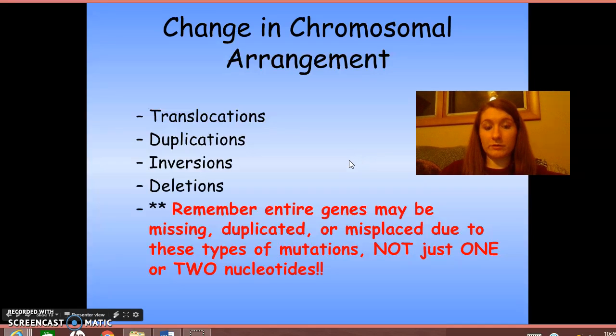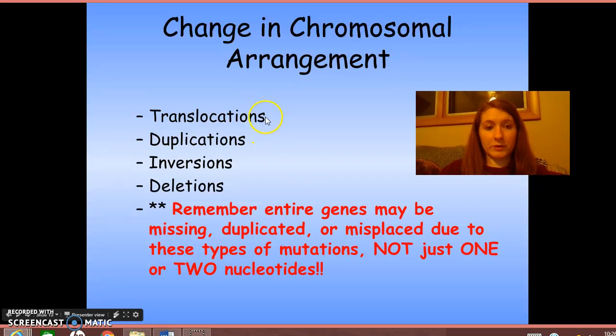So the entire gene is going to be missing, duplicated, or misplaced due to these 4 types of mutations, not just 1 or 2 nucleotides like we discussed in the gene mutations. A whole gene is made up of thousands of nucleotides. So at this point it's not just going to affect 1 nucleotide, but it's going to affect 1 gene or many genes.